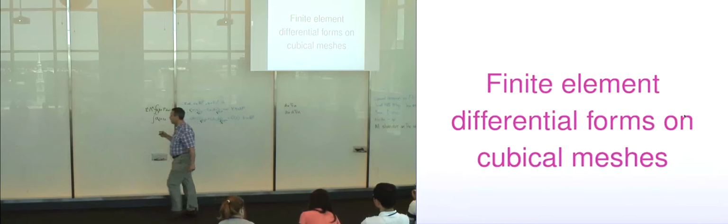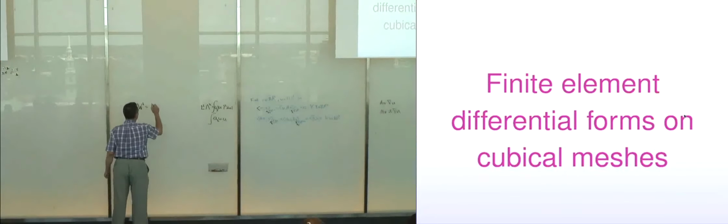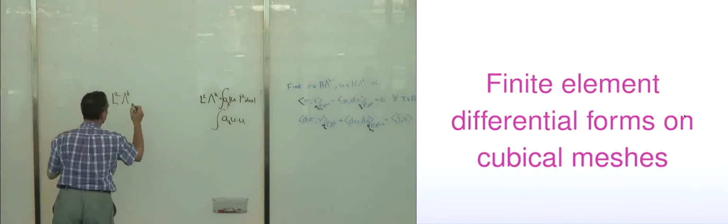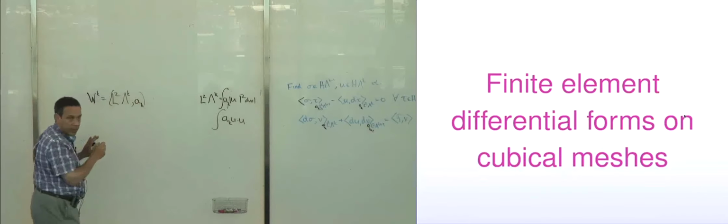Yes? Yes, so when we apply the Hilbert space theory, we define W_k to be L2 lambda k weighted by the a inner product. I don't know how you write that. It's the weighted L2 lambda k.